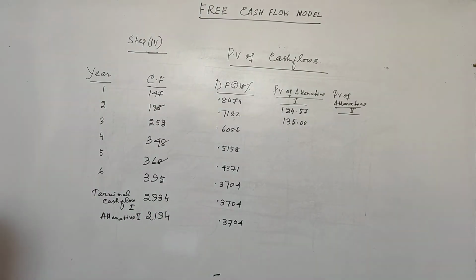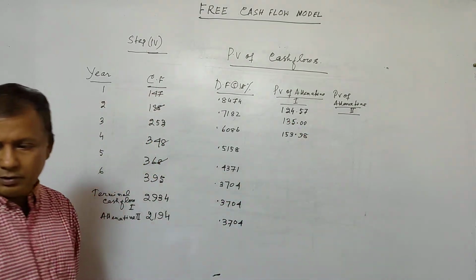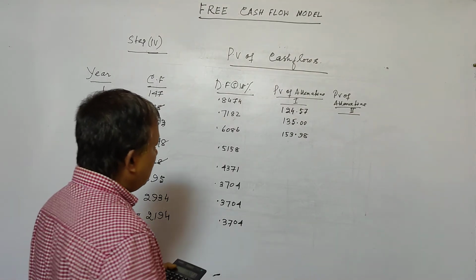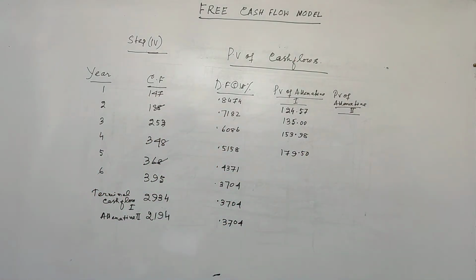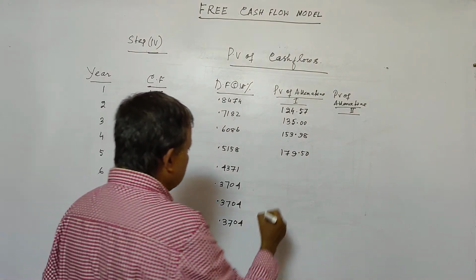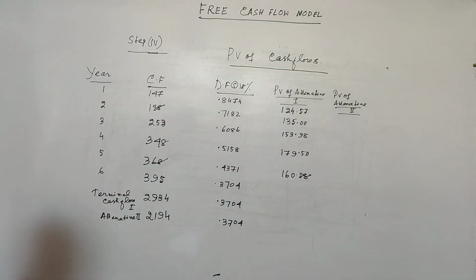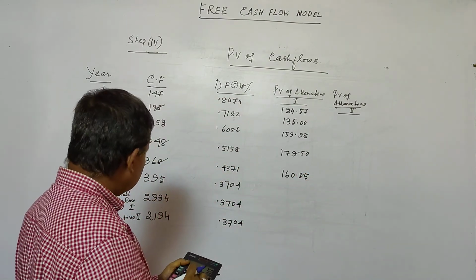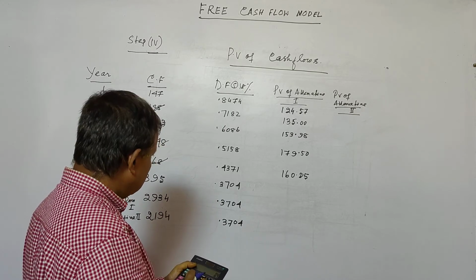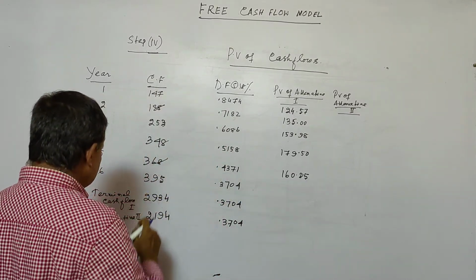Then comes 153.98, then 179.50. This is fourth year. Then 160.85 for the fifth year.